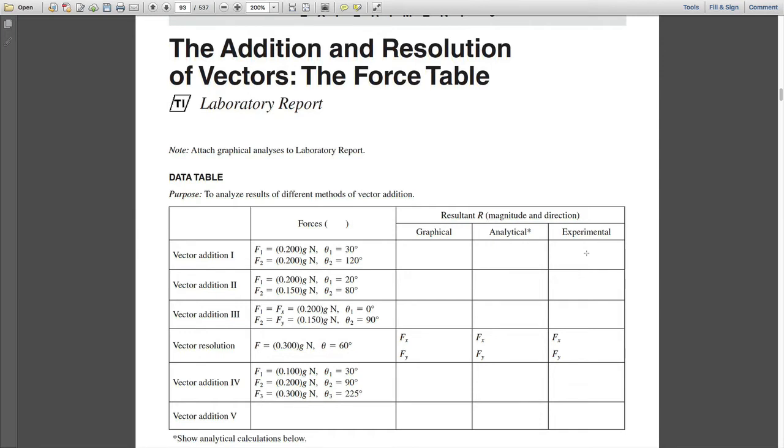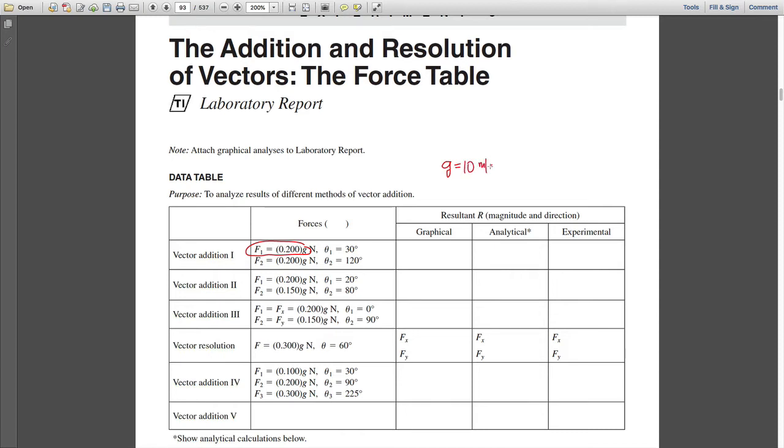Okay, so first things first, here you can see, as an example, force 1 is given as 0.2 g. It says here, for instance, I'm going to circle it here, this much amount of Newton. For simplicity we're going to do the following. The lowercase g that you see here for gravitational acceleration, we're going to use 10 meters per second squared.